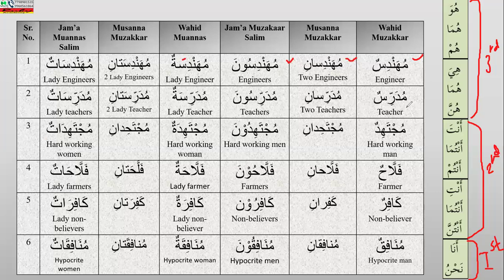No, all. Third person you use first, then second, then first. Third person means the gayab, absent. Huwa, huma, hum, hiya, huma, hunna.